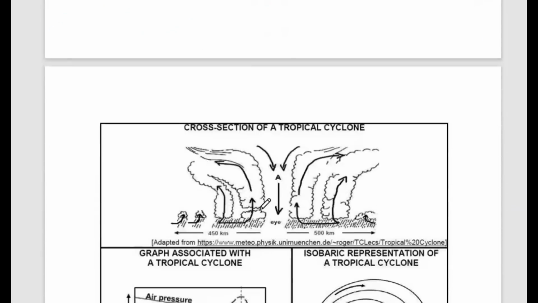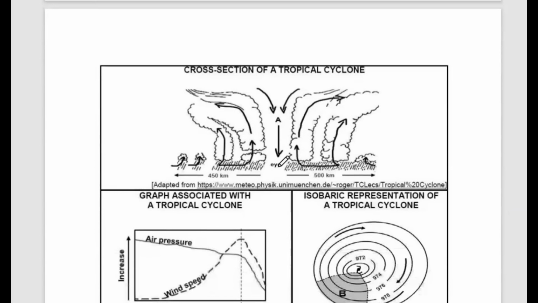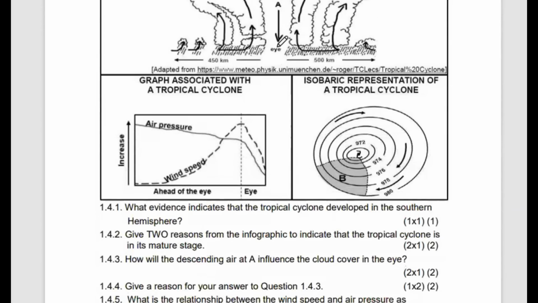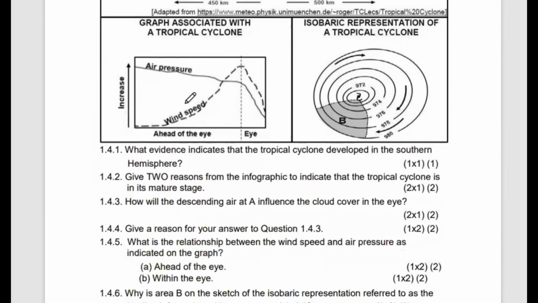The next question is an infographic on tropical cyclones. We are seeing a cross-section of the tropical cyclone, where we have the eye and sinking air in the eye. Then on the eye walls, we have upliftment of air and towering clouds forming. Then it gives us the relationship between wind speed and air pressure.